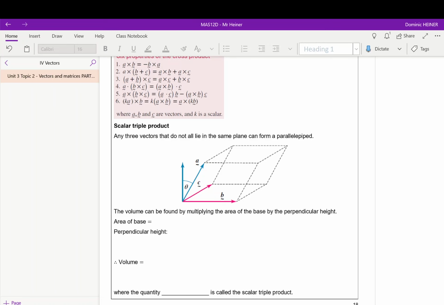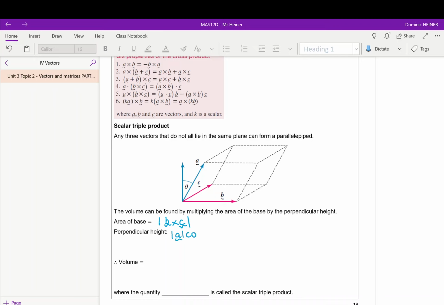The area of the base is a parallelogram, which is given by the vector product B cross C.